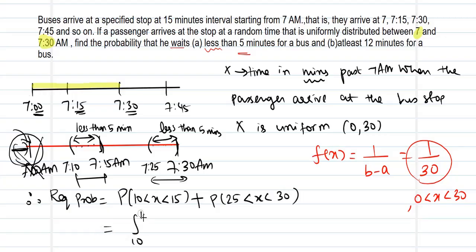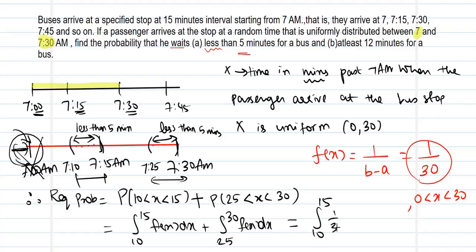Integral from 10 to 15 of f of x dx plus the integral from 25 to 30 of f of x dx. Now what is our f of x? f of x is 1 by 30. So integral from 10 to 15 of 1 by 30 dx plus integral from 25 to 30 of 1 by 30 dx. Now we'll move on to the next slide.